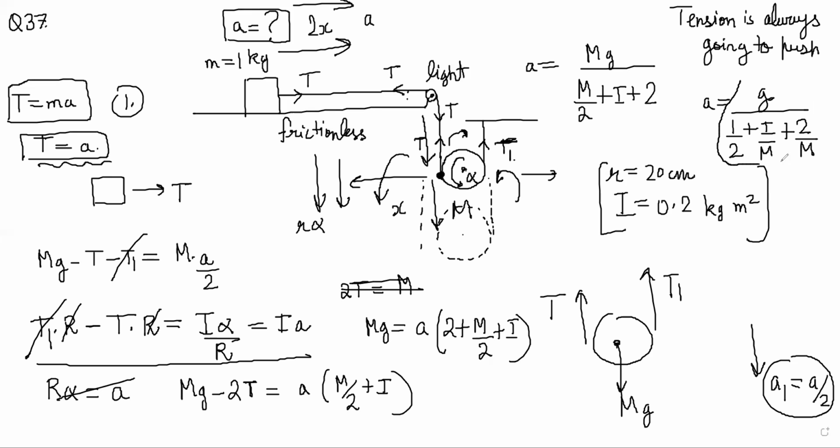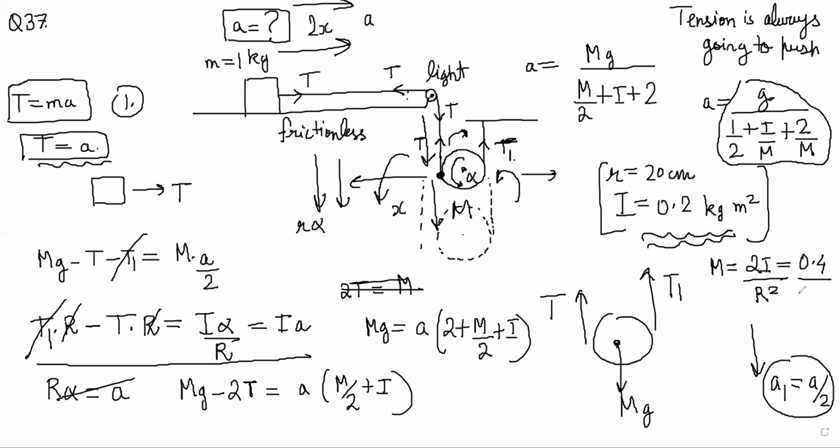Now this m you have to find from this, okay? For a disk, it will be half mr square, so I is half mr square. So 2I by r square is m, right? Correct. So 2 into 0.2, so 0.4 by r square. This is 0.2 only, right?